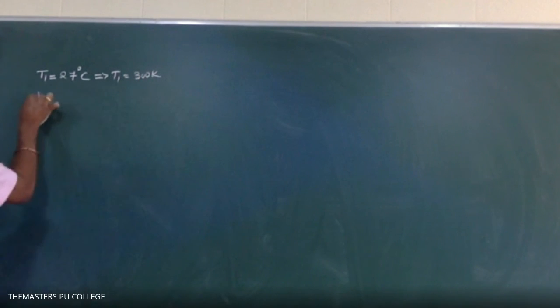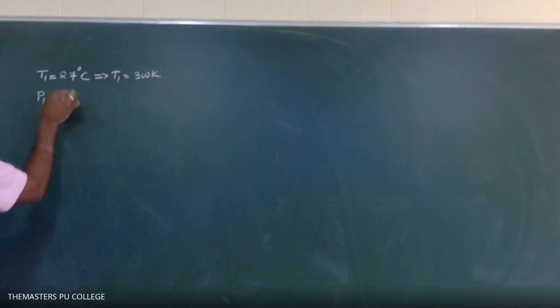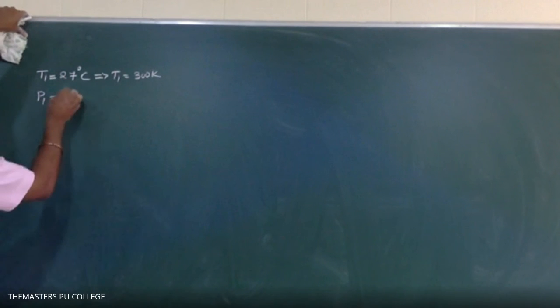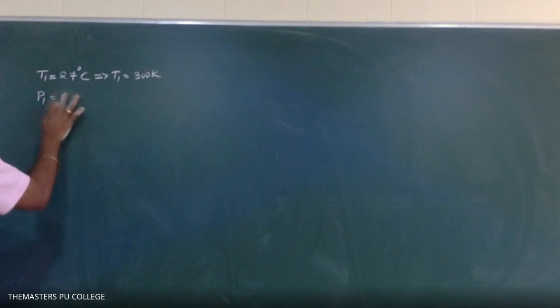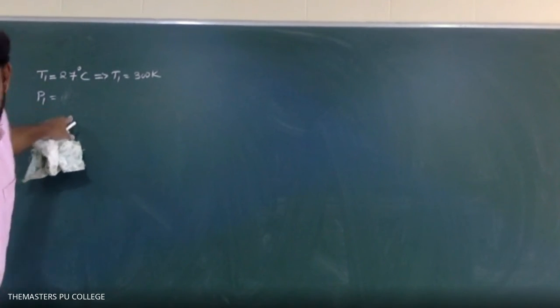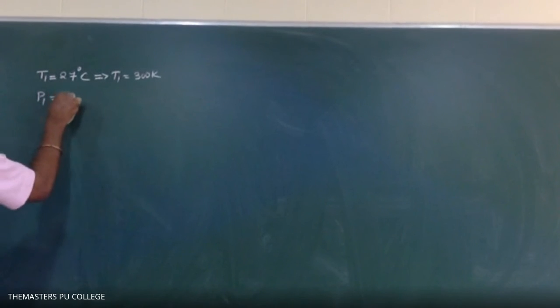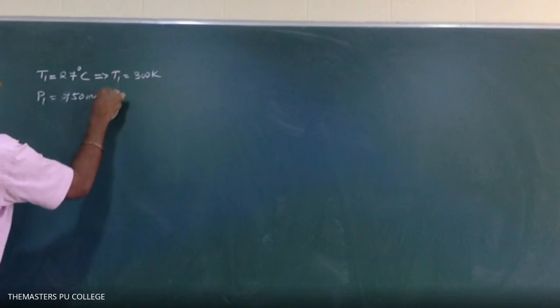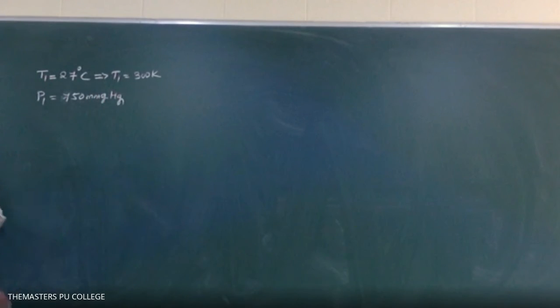The pressure is given in terms of mercury column, so P1 equals 750 millimeter of Hg.